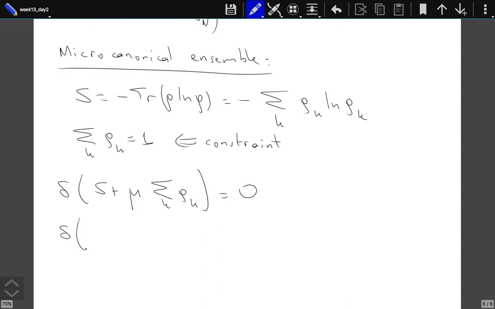The variation of S is minus sum over k rho k logarithm of rho k, plus mu times sum over k rho k. This should be equal to 0.